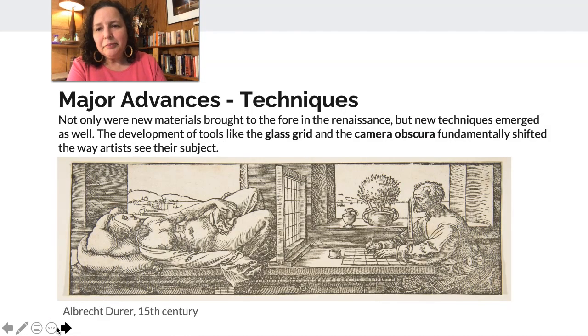The other big advance in the European Renaissance was this idea of vision, and really thinking about ways to engage in the development of optical devices. What we're looking at here is a glass grid, used by an artist who has a reference point. You can see the reference point right there.